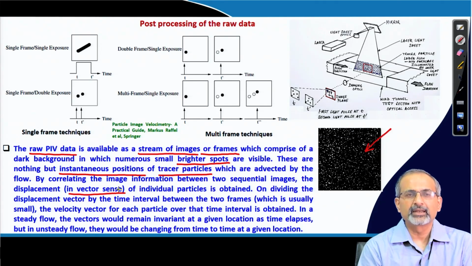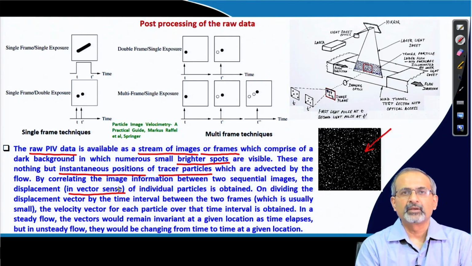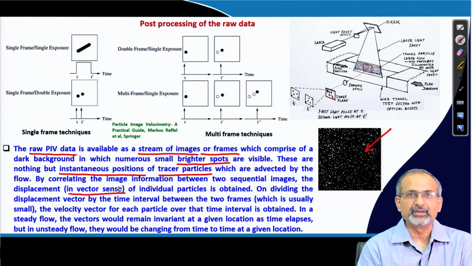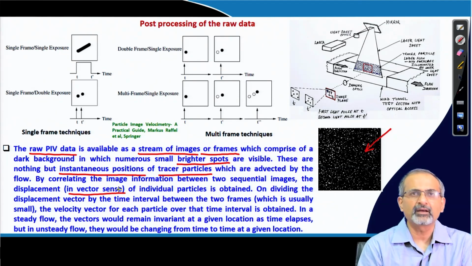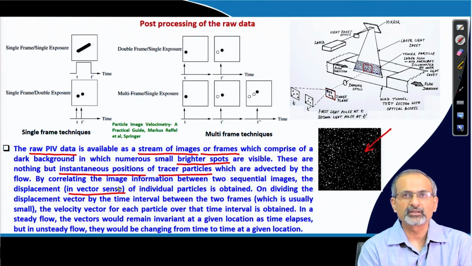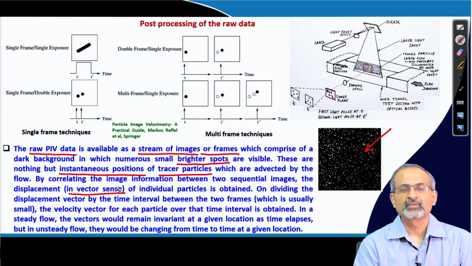In practical applications, when we say steady flow, we do not really mean that the steadiness is going to be there up to the microscopic levels. The steadiness is broadly in the macroscopic sense. So, there could be local small changes even in a broadly steady flow. There could be minor variations in the velocity vector at each location, but they are not as significant as in an unsteady situation. So, we need to understand this distinguishing factor.